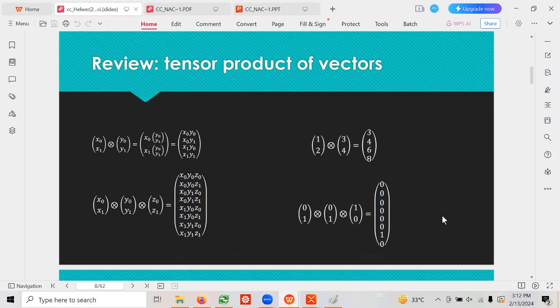Watch this. How many numbers do I have here? 1, 2, 3, 4, 5, 6, 7, 8. I have 8 numbers. Let's call this bit. How many bits do I have? 1, 2, 3. So if I have 3 bits, I can express 2 to the 3 numbers.